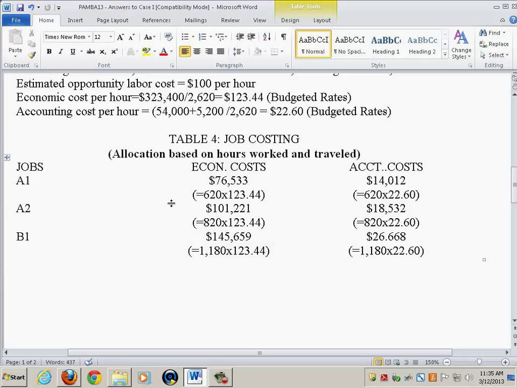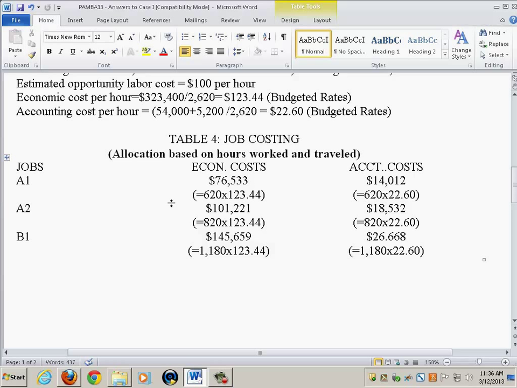So you took different items, for example, items related to travel. Some of them you allocated to the jobs based only on travel hours, right? Yeah. So that's a difference. Any other differences? Basically. Okay, fine. I don't see a problem in that.